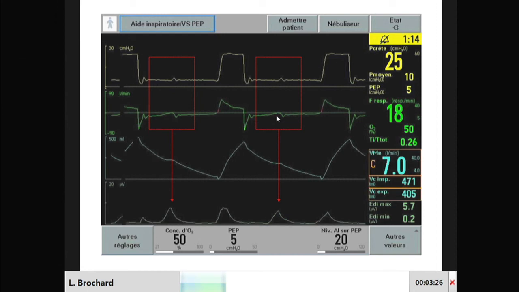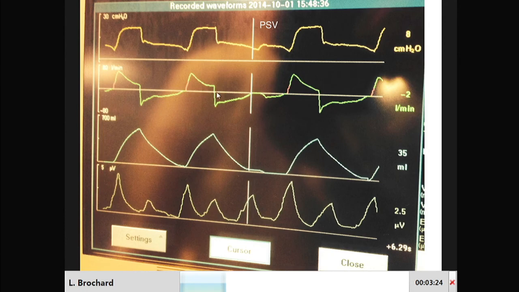So very concerning. This is another example where again you can recognize maybe these ineffective efforts, which indeed correspond to diaphragm activity. It may be much more difficult to recognize this one or this one, which is picked up very nicely by diaphragm activity. So to really monitor the real activity of the diaphragm, that may be an interesting tool.